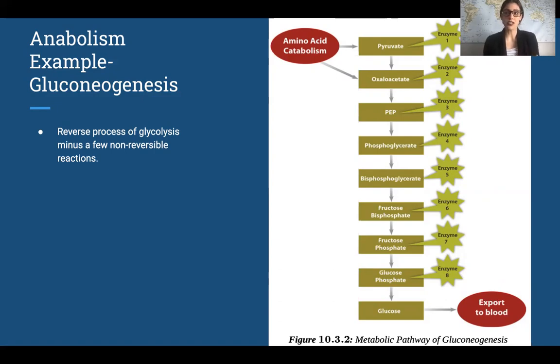Now, gluconeogenesis is going to be important when, for instance, there's low blood sugar in the body, either from low carbohydrate intake or from starvation, or when lactate accumulates, since after strenuous exercise the body produces lactate. If there's an accumulation of lactate, then gluconeogenesis is also going to kick in.